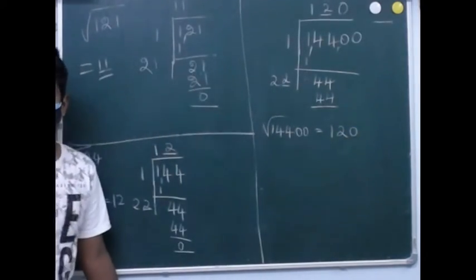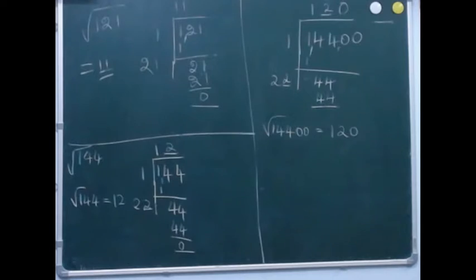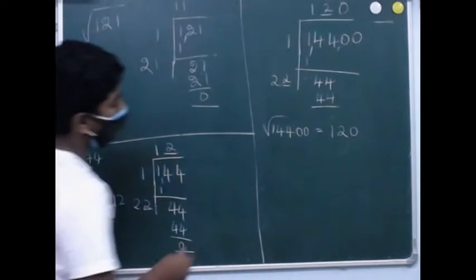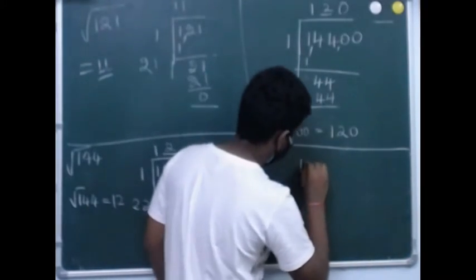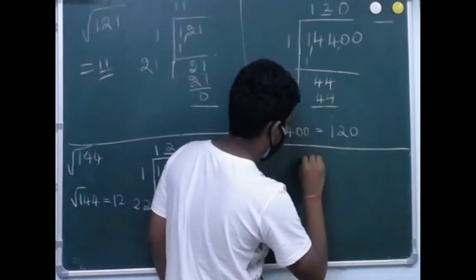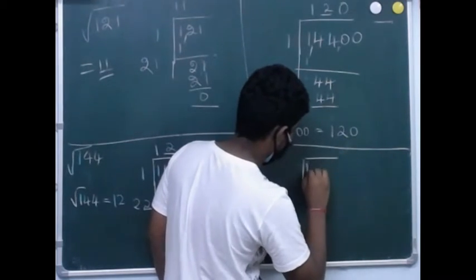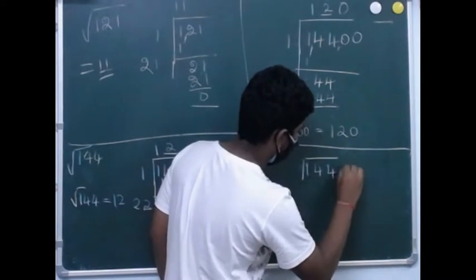Okay. Suppose you got only one 0, let us try that one also. Take down, put a line and proceed with 1440. So take two digits.